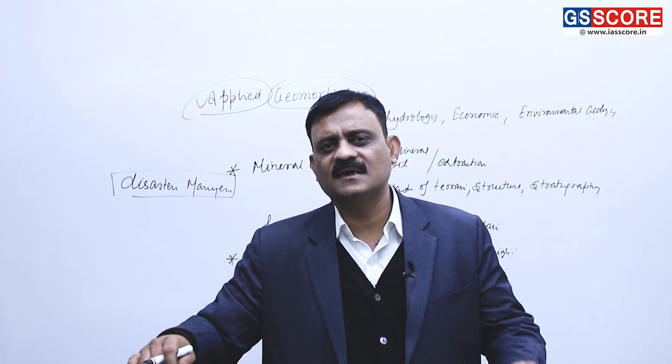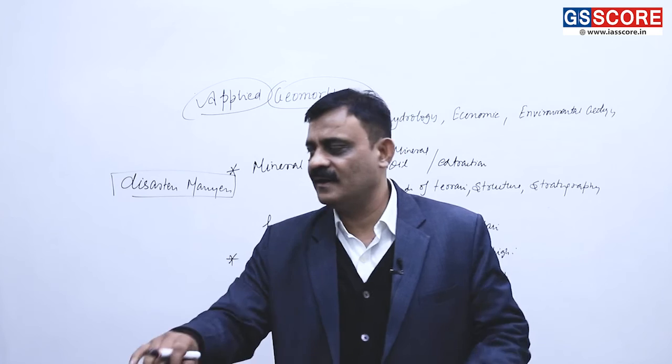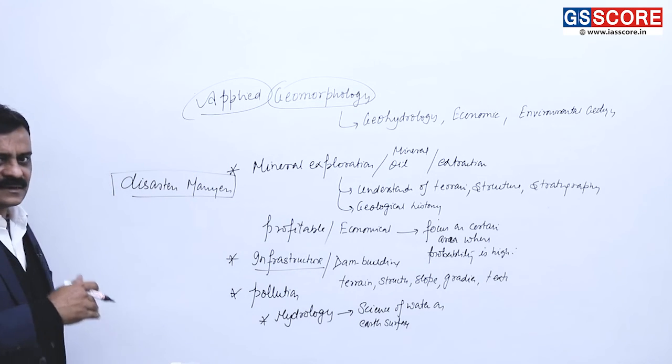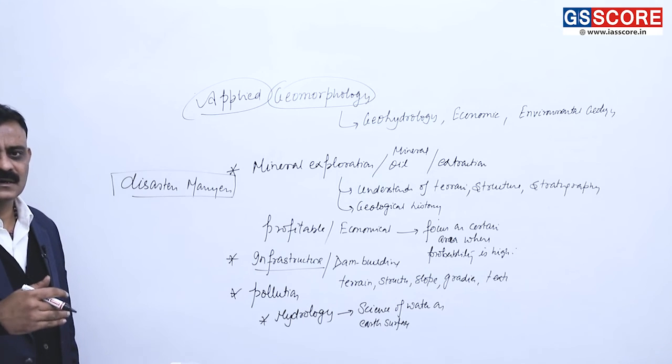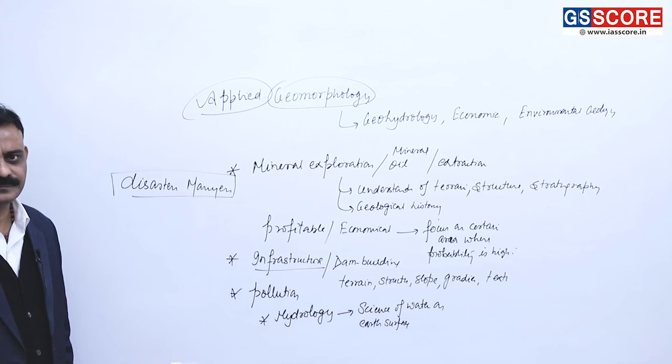So how to deal with such terrain, how we can understand that terrain, and how we can develop a good equation with our environment so that disasters or other issues may not pop up on a frequent basis.